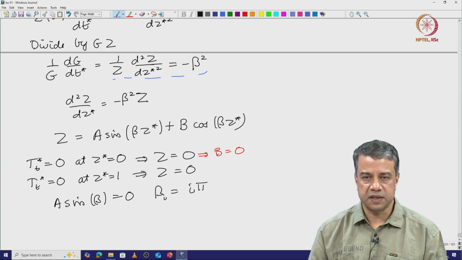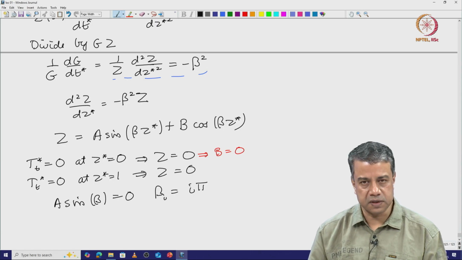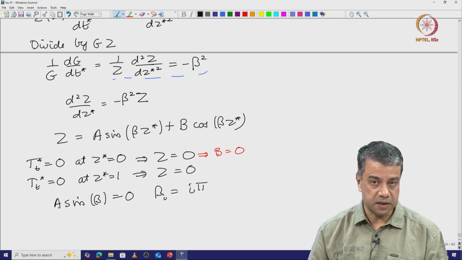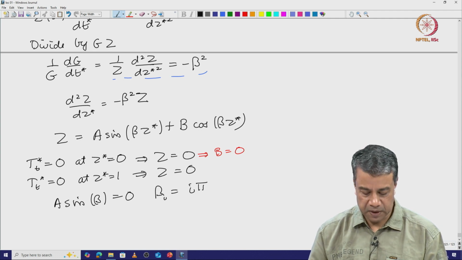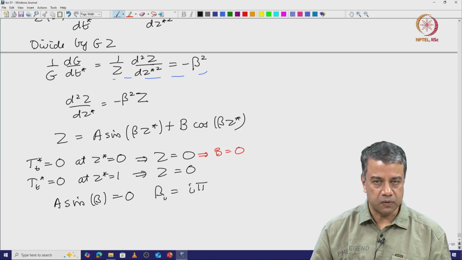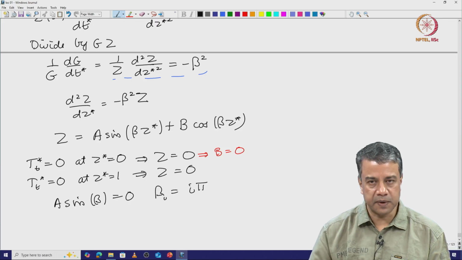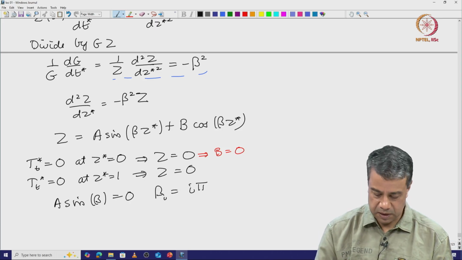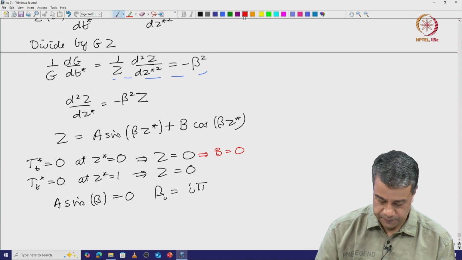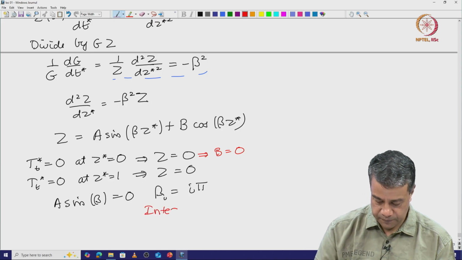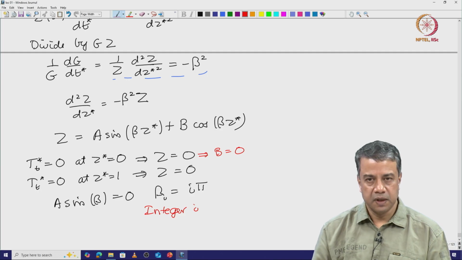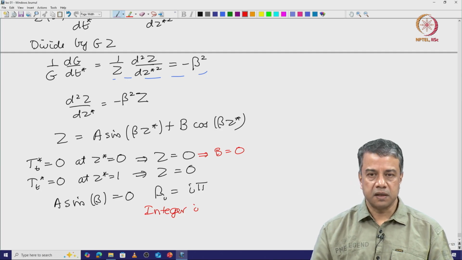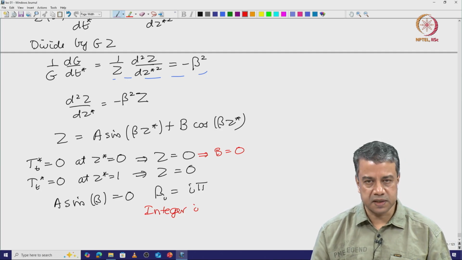You know that sin of 0 is 0. So, for I equal to 0 it is 0, sin pi is 0, sin 2 pi is 0, etc. So, beta can have value I pi, where I is any integer. Provided I is an integer, the boundary conditions on the two boundaries are satisfied.